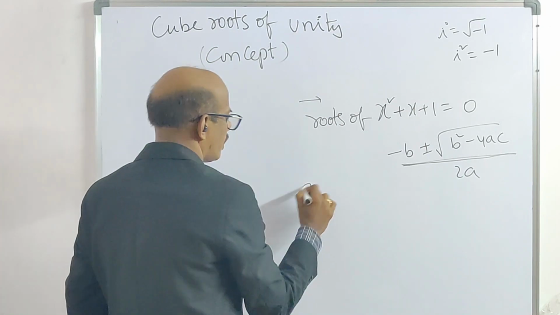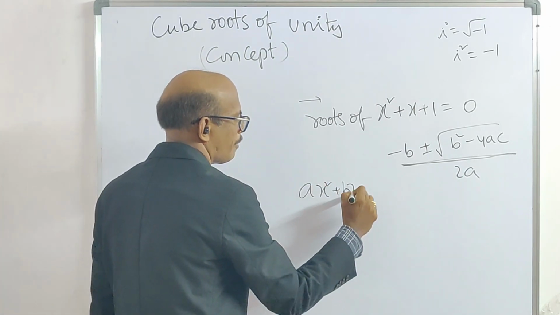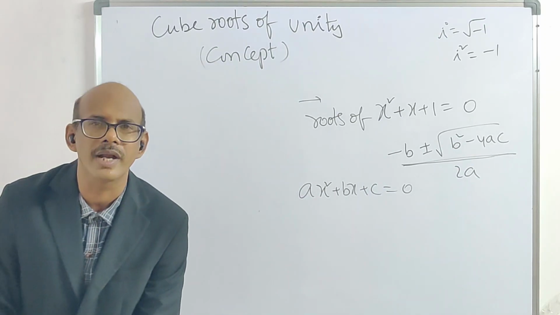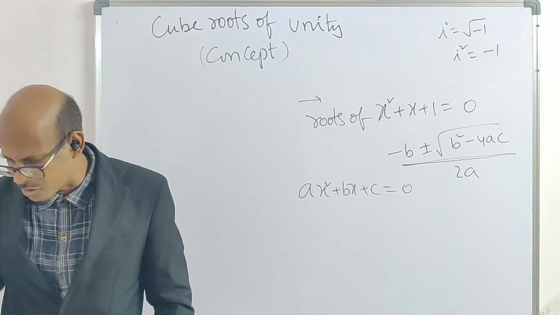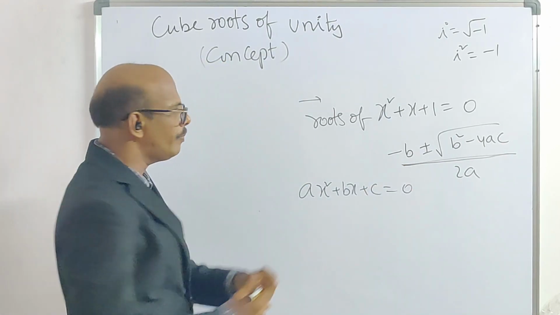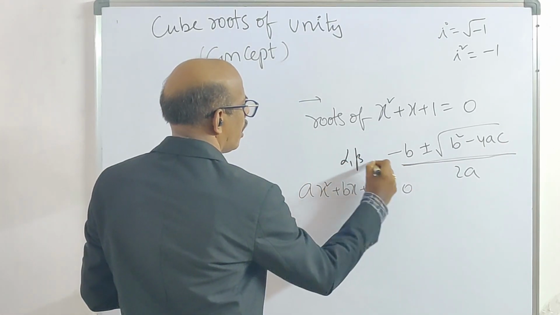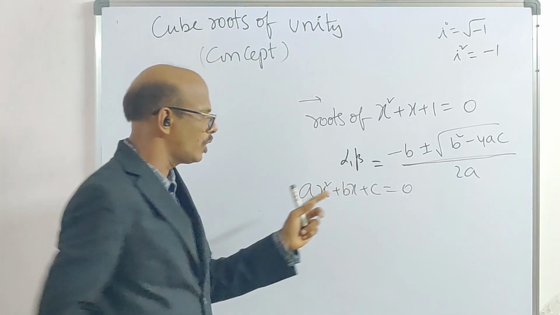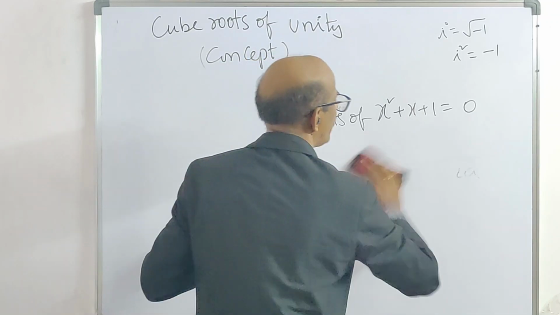These are the roots of the quadratic equation, generally ax square plus bx plus c equal to 0. The roots alpha and beta are given by the formula minus b plus or minus root of b square minus 4ac by 2a. Correct or not? You know very well.